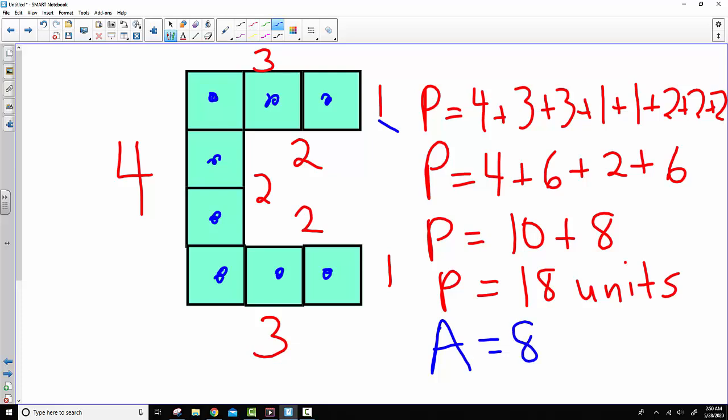There are only 8 square units. But look how large of a number the perimeter is. The perimeter is 18 units, and the area of this figure is 8 square units. So don't be thrown off. You'll find unusual circumstances as we're working with perimeter and area.